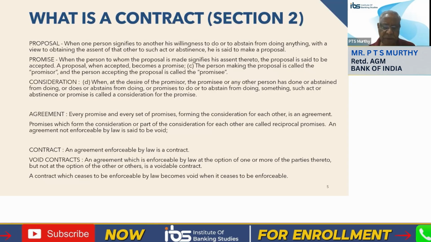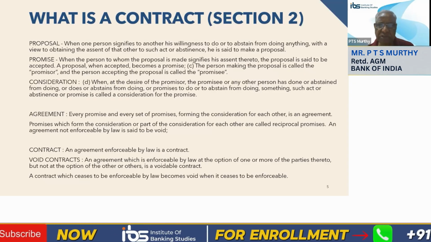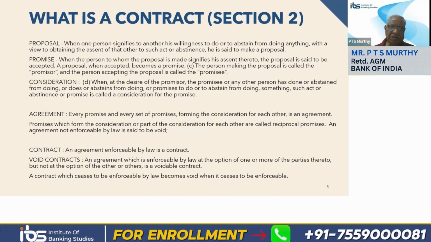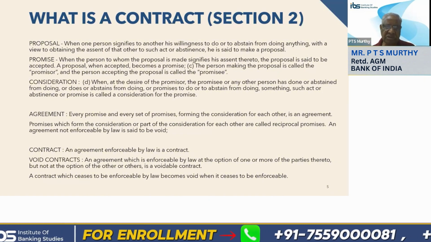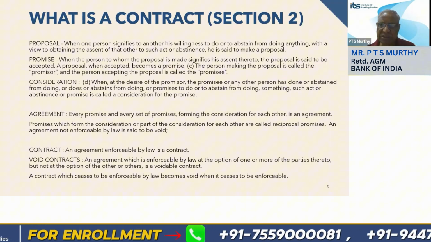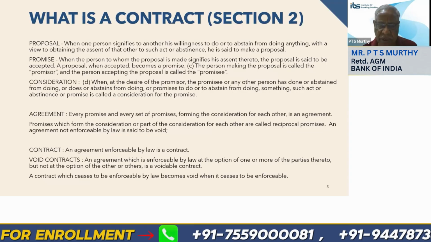We'll give an example. A customer comes to us and wants to open a savings bank account. He fills up the application form and gives us his proposal, intending to open an account with us. This is the proposal.